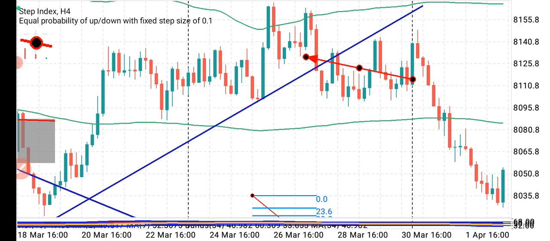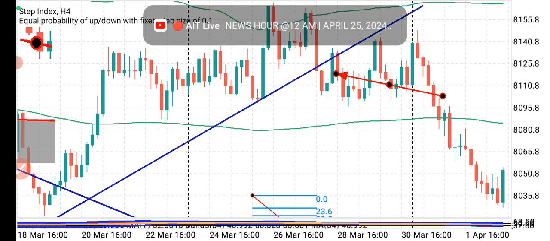So as a conservative trader, whenever price breaks your trend line, all you need to do is wait, because most often it results in a change of direction. So what do you do? You need to wait for a retest of this trend line. And as you can see, price came back.